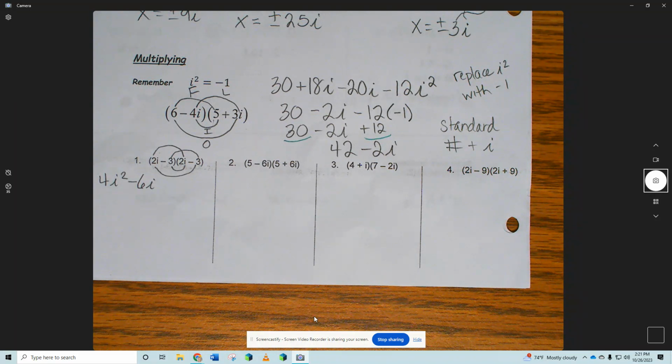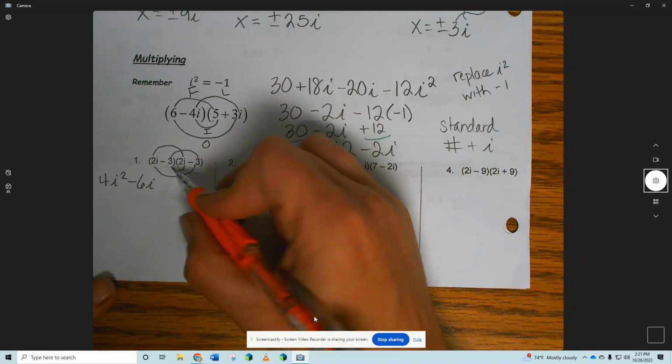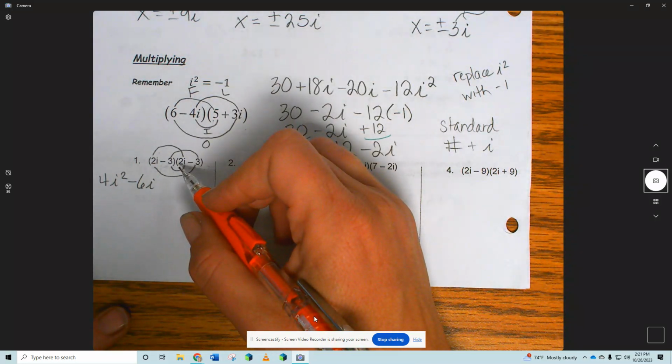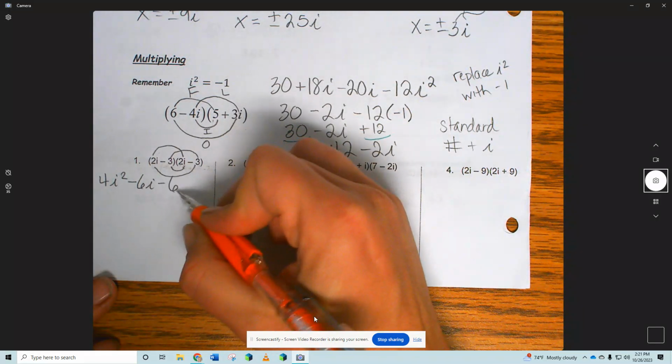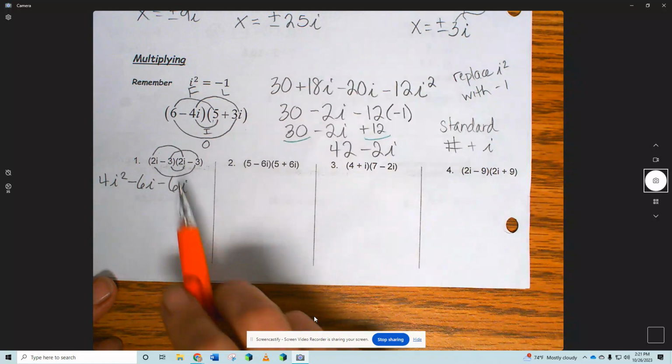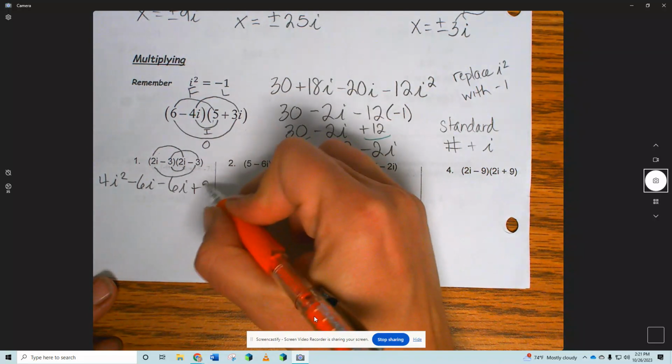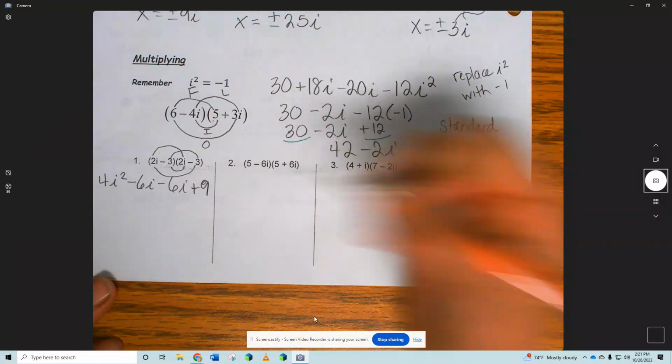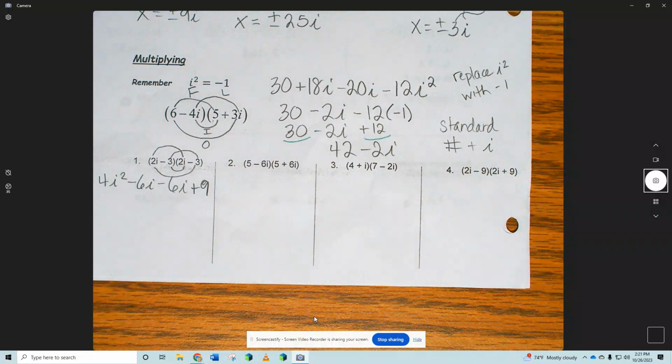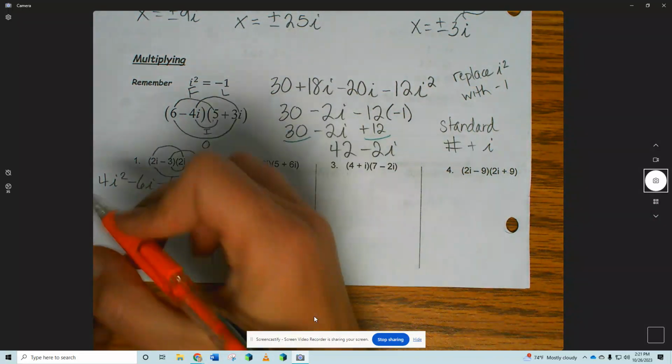Negative 3 times 2i. Negative 6i. We're multiplying. Last, negative 3 times negative 3, plus 9. You need to do i squared and make it negative 1.